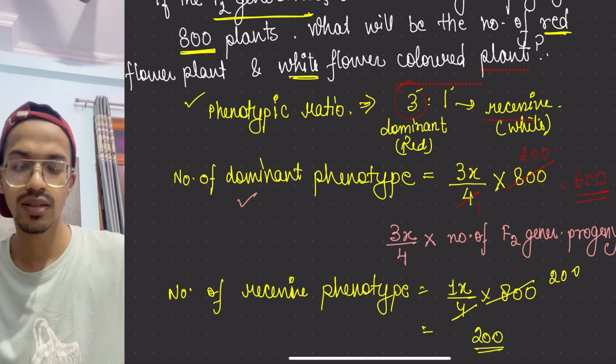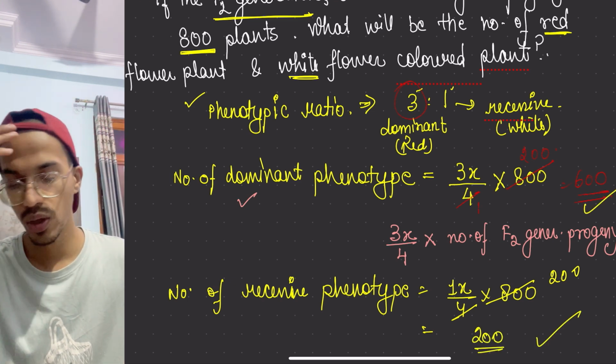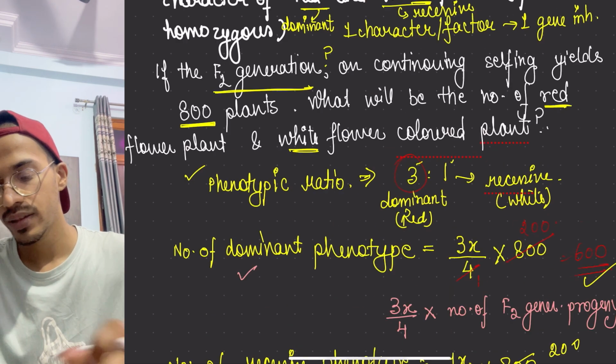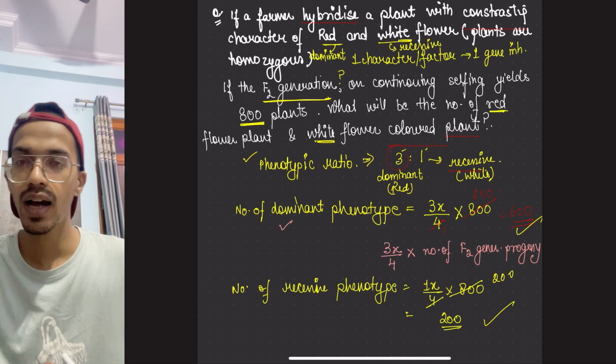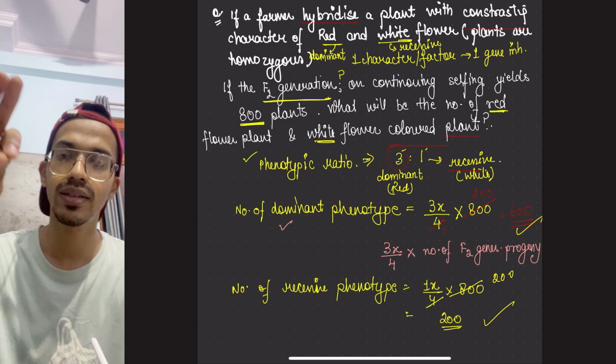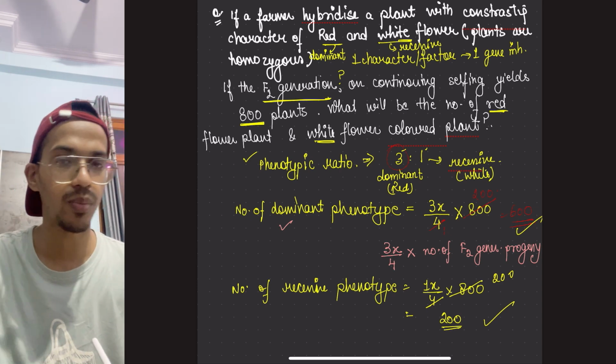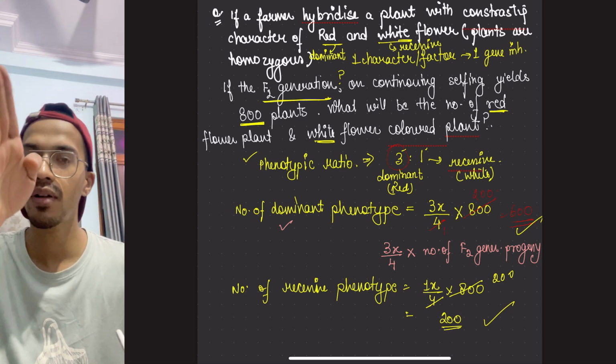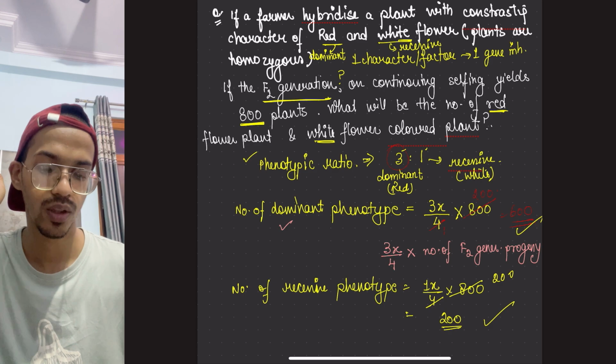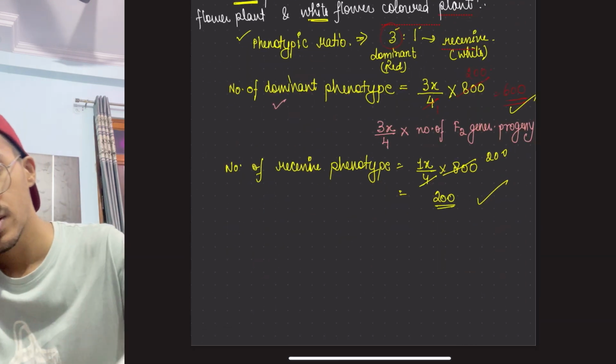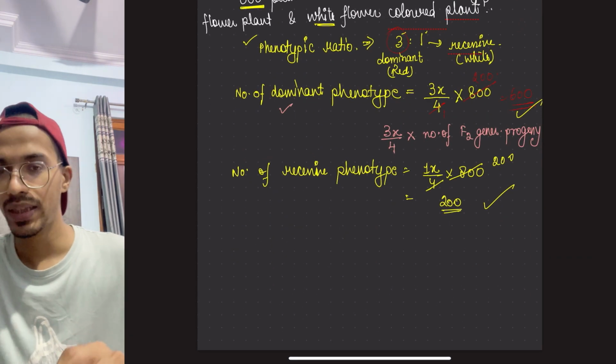This is the way of solving it. Remember, this type of question can be asked. A similar thing can come for the genotype also, how many will have this genotype and how many will have that genotype. Try to keep this question in mind.